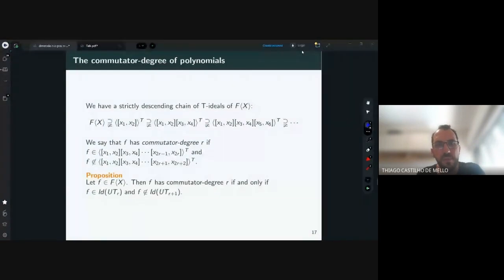And for any polynomial f, there exists an integer r such that f is in the T-ideal generated by the product of r commutators and is not in the T-ideal generated by the product of r plus one commutators. When this happens, we say that f has commutator degree r.